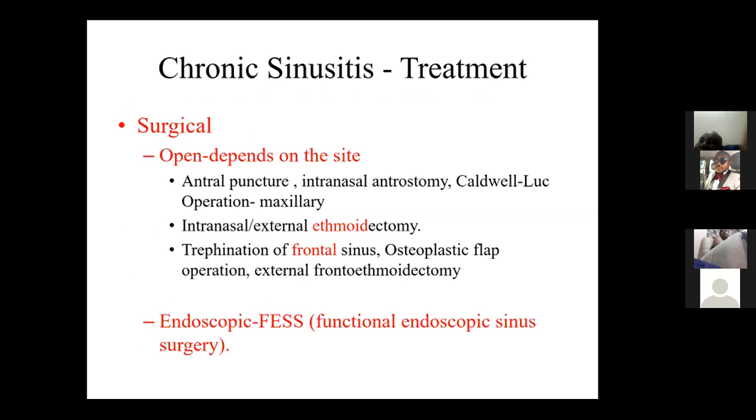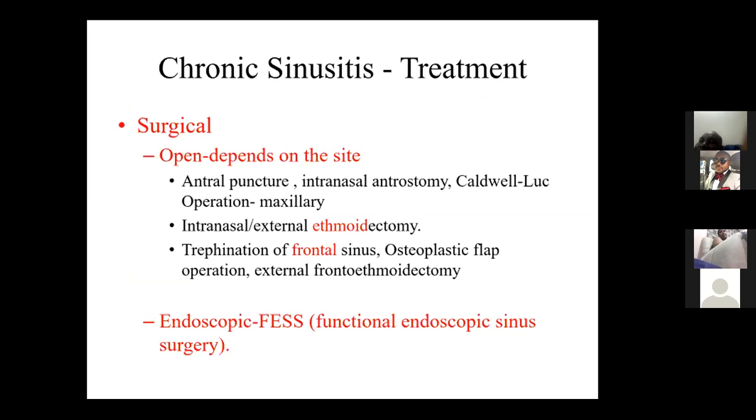Now, also in the surgical procedure, we can do open procedures, depending on the site. For the open, there's antral puncture, intranasal antrostomy, also intranasal or external ethmoidectomy.